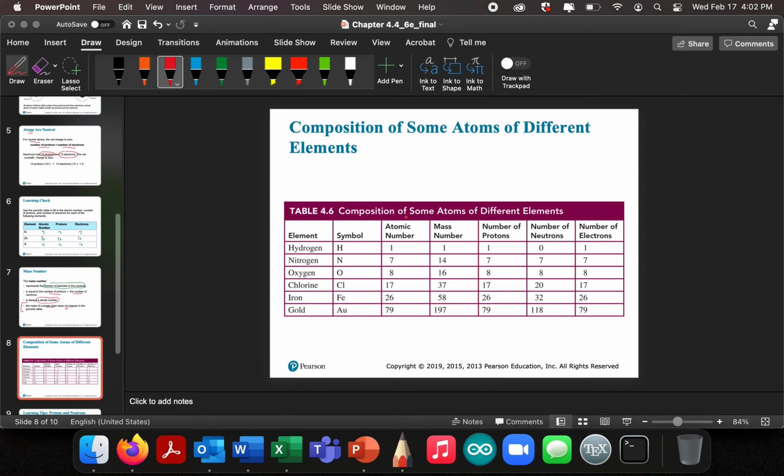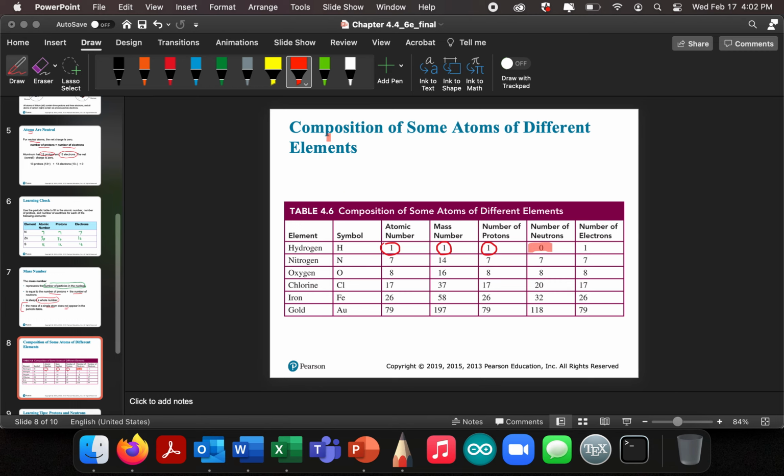This is kind of interesting. A hydrogen atom has an atomic number of 1. It has a mass number of 1 too, believe it or not, because it only has 1 proton and 0 neutrons. The most common atom of hydrogen has 0 neutrons.